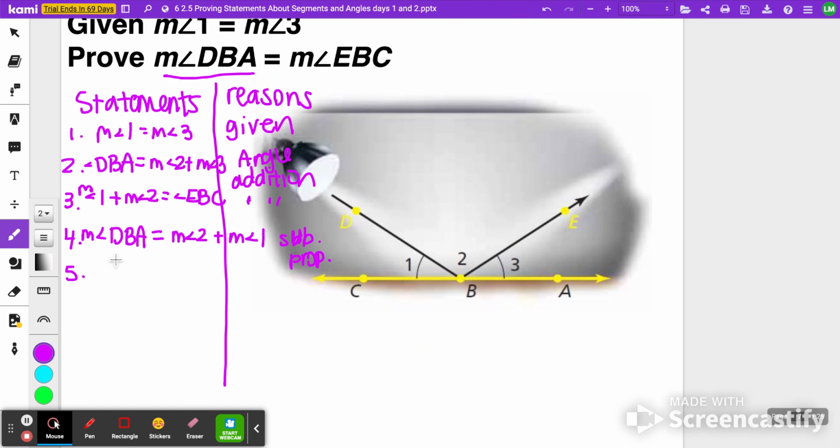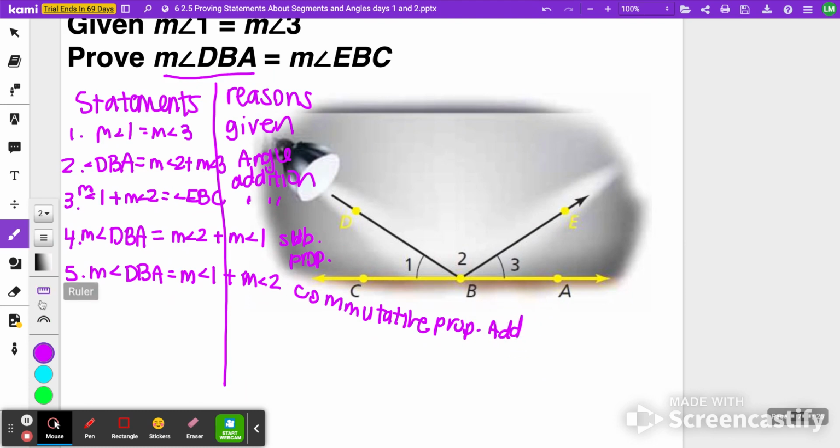Now that we have seen that, we can use the commutative property of addition. So the measurement of angle DBA is equal to the measurement of angle 1 plus the measurement of angle 2. That's our commutative property of addition.